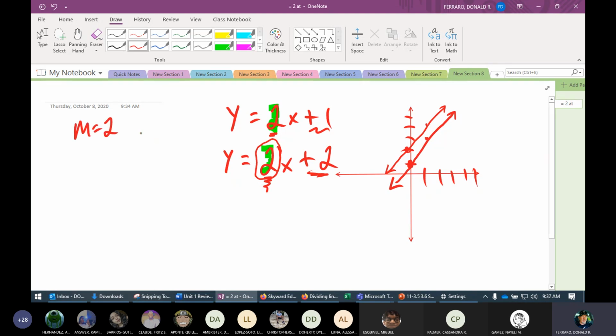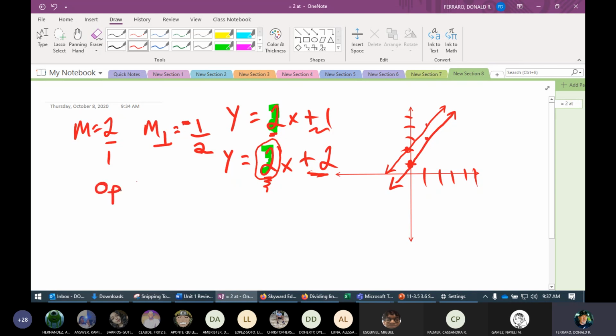We're going to flip it and change the sign. So instead of it being 2 over 1, it's going to be 1 over 2, okay? Change the sign. We call that opposite reciprocals.